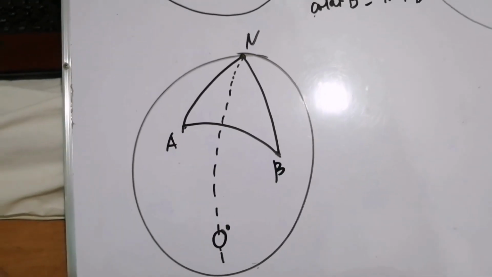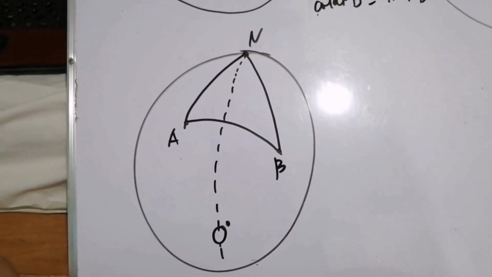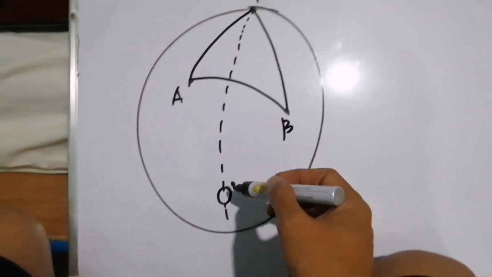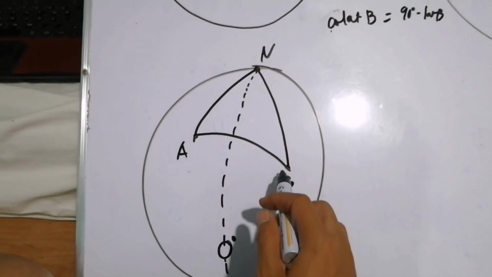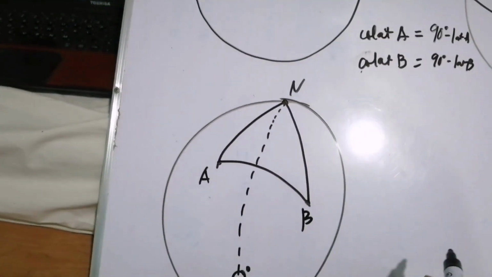What if we have this possibility wherein your points A and B are in different directions? Notice, if this is your primary region, point A is westward and point B is eastward. How are you going to find angle N now?